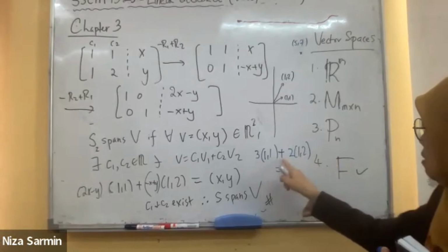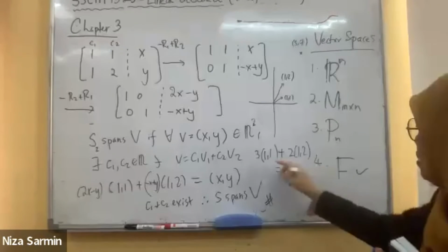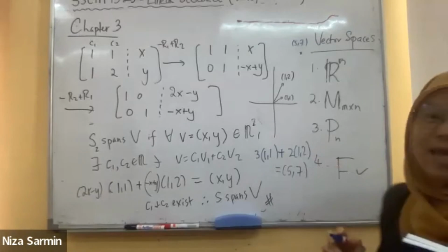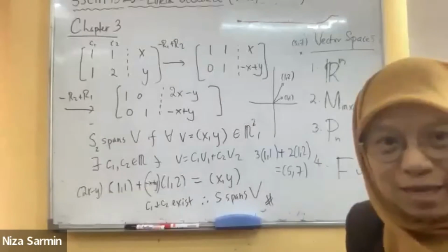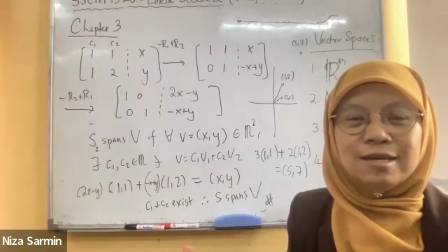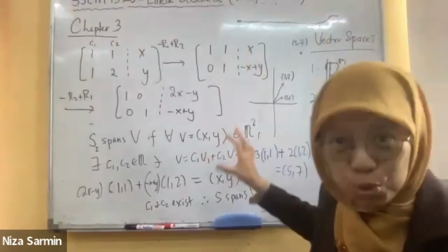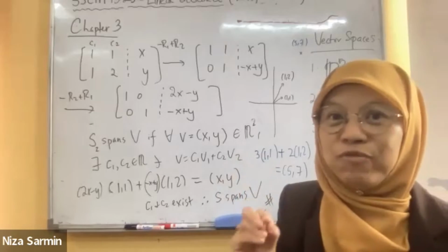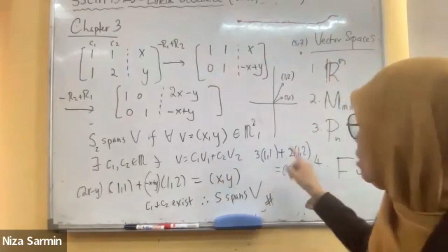I get 3 plus 2 is 5, 3 plus 4 is 7. Got it? So this means you give me any (x,y) inside R2, I can write that (x,y) as a combination of (1,1) and (1,2).